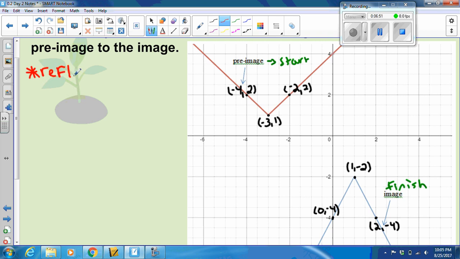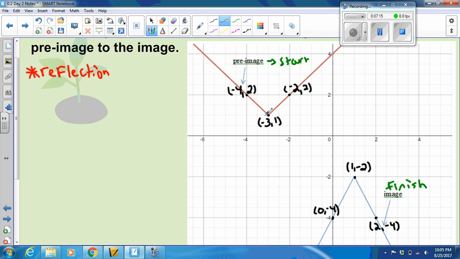Now, usually when we were listing our transformations the other day, so section 1, day 1, we were comparing it to the parent function. So a lot of times we talked about it reflecting over the x-axis. But basically, all you're doing is starting at the vertex of the pre-image, and there you can actually say where it's going to be reflected.